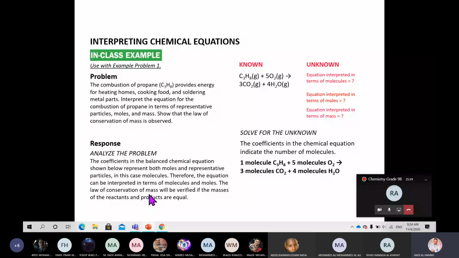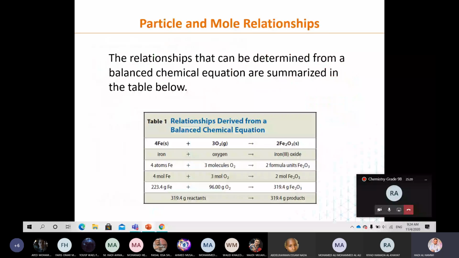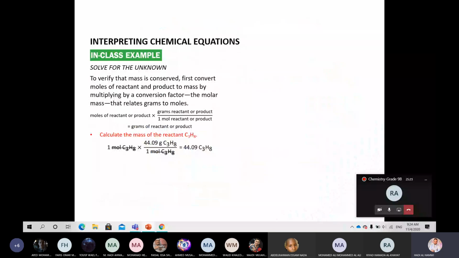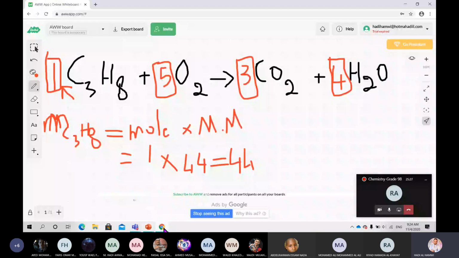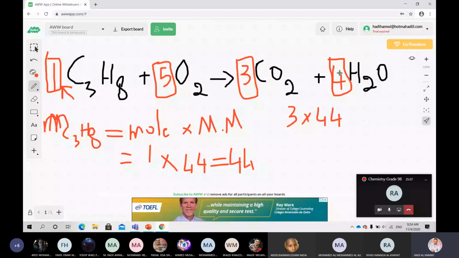Here we have 3, so you multiply 3 by the molar mass of carbon dioxide, which is 44. For water, we have 4 moles of H2O, and the molar mass of H2O is 18, so you multiply 4 times 18.